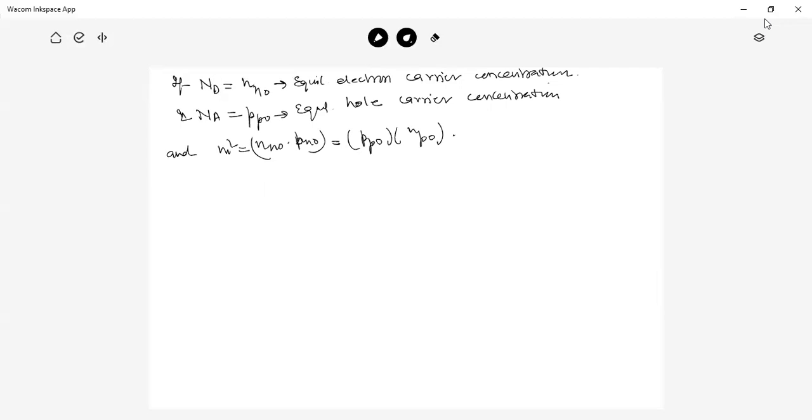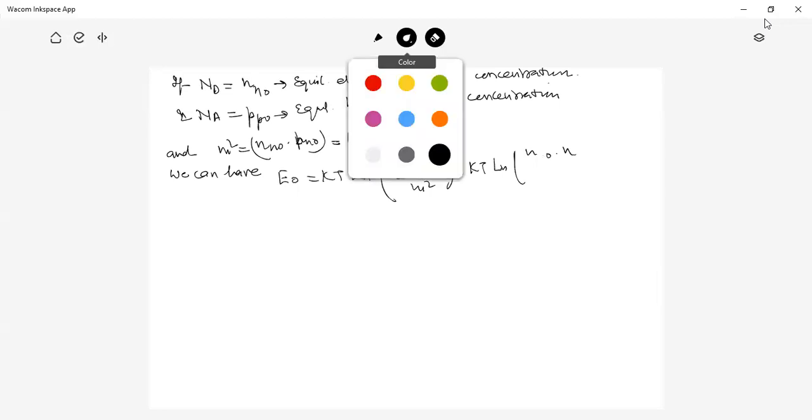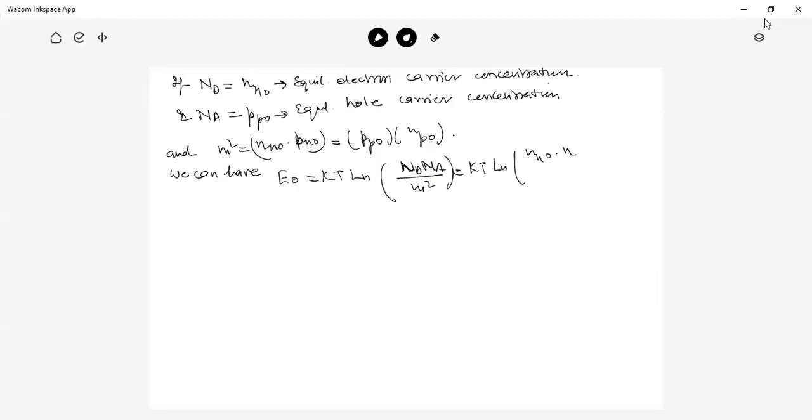So we can have E0 is equal to KT ln ND NA upon NI square, which is equal to KT ln of NN0 and PP0 divided by NN0 into PN0.